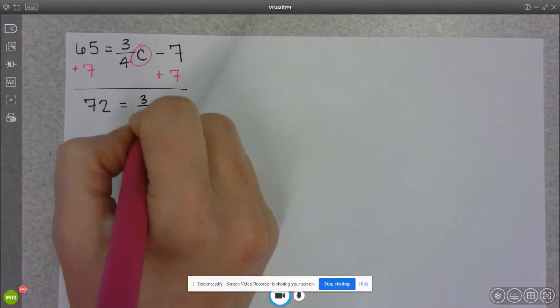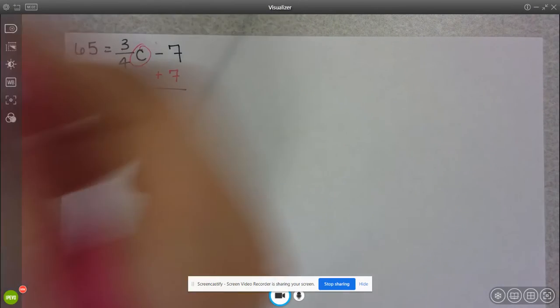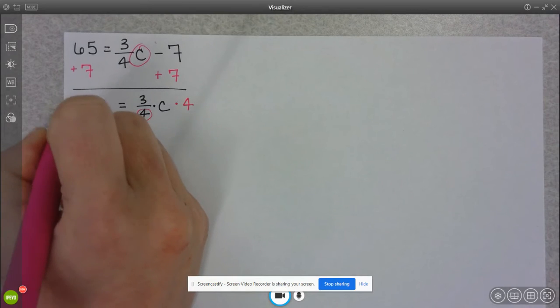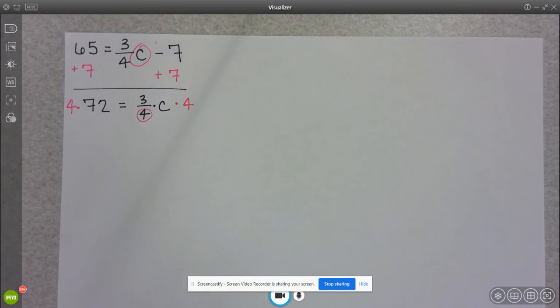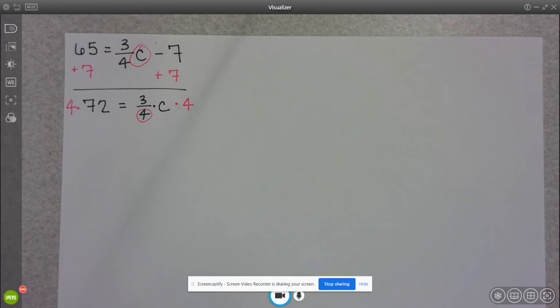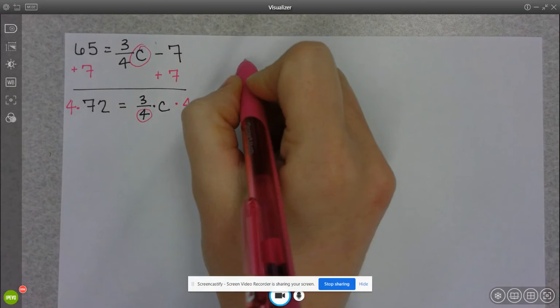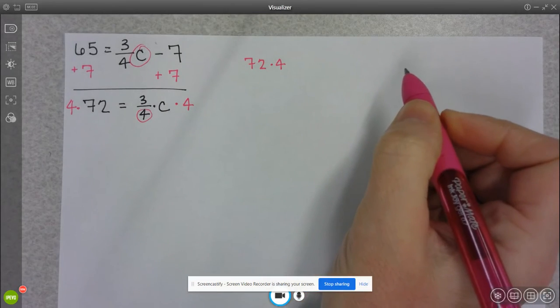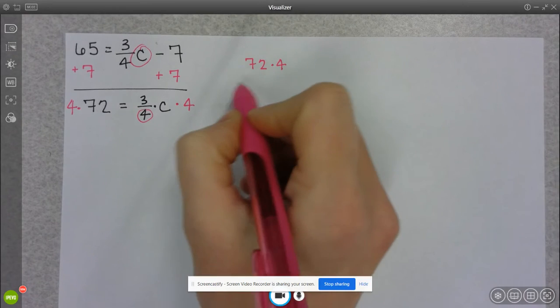So the first thing I need to undo is the denominator, which means I'm going to multiply by 4 on both sides. Now, if I'm doing this without a calculator, in my mind, personally, if I had to do 72 times 4, I'm going to break it down so it's not so much work.